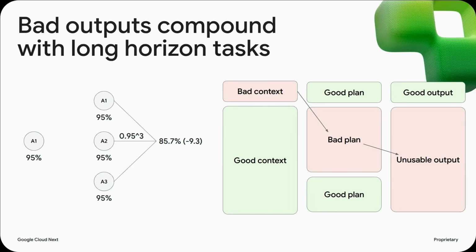In addition, it will have slower response times, and you won't be happy with your API bills. So all of this leads to bad outputs. And it's important to note that bad outputs compound with long horizon tasks, where we reap the most business value and benefit. And this is because agents don't make a single decision at a time.